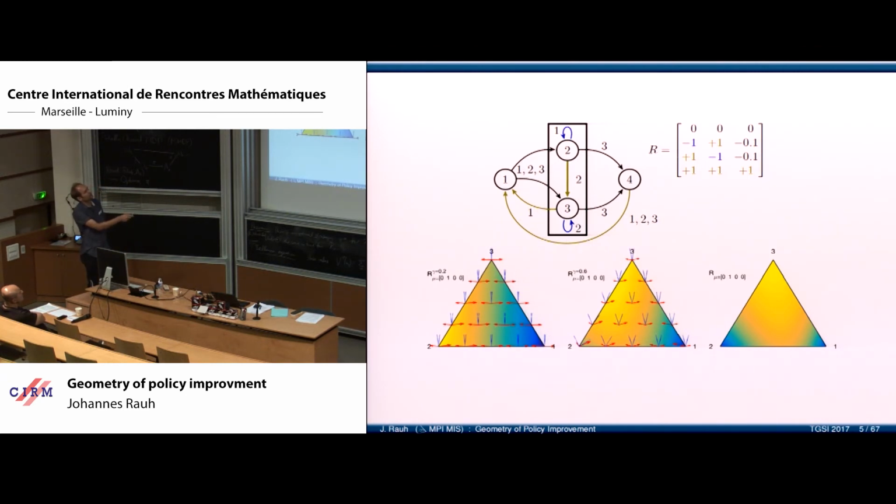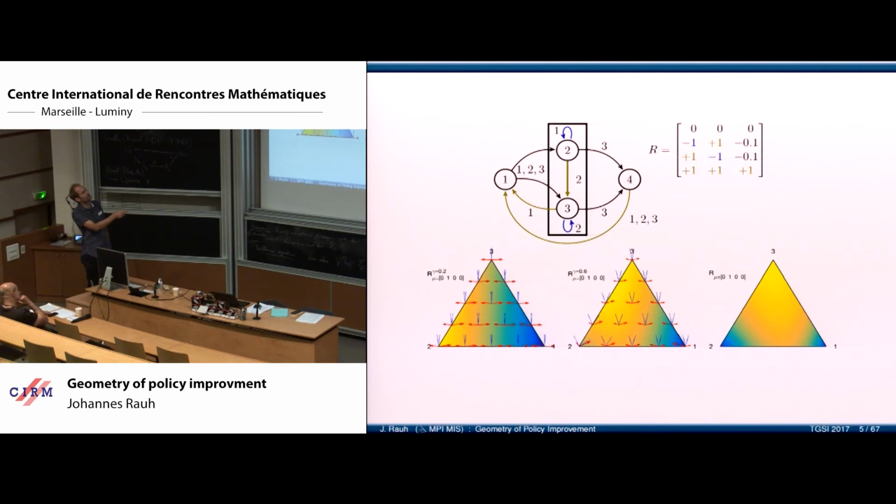With action 3, you can move on to 4, but otherwise, from 2, you can stay at 2, or you can go to 3 with action 2. But if you choose action 2 here, then you will stay at 3, and with action 1, you can return to 1. The system is designed in such a way that in the MDP case, the optimal thing to do would be to go from 1 to 2.